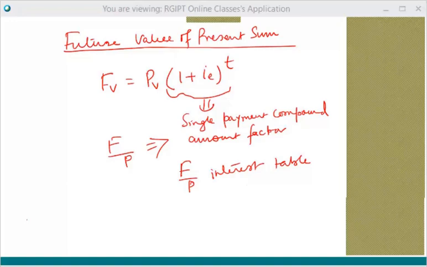So now, let's say you are again doing something in terms of cash flow.